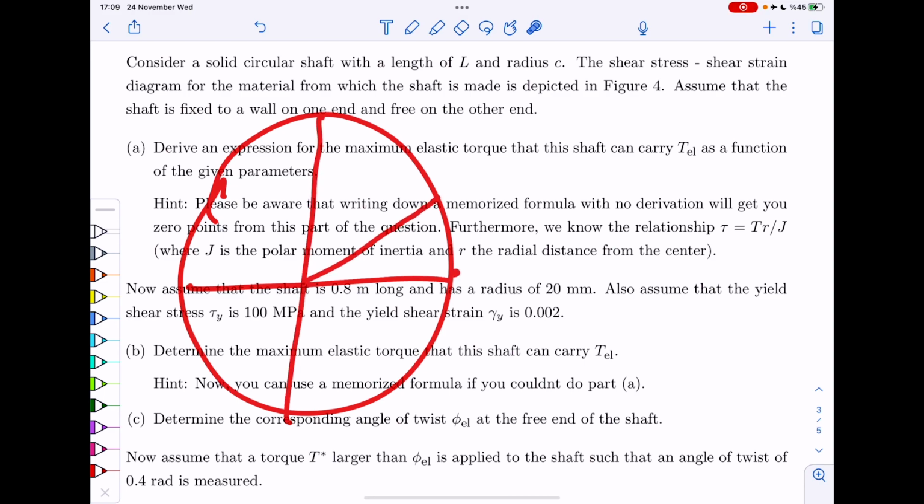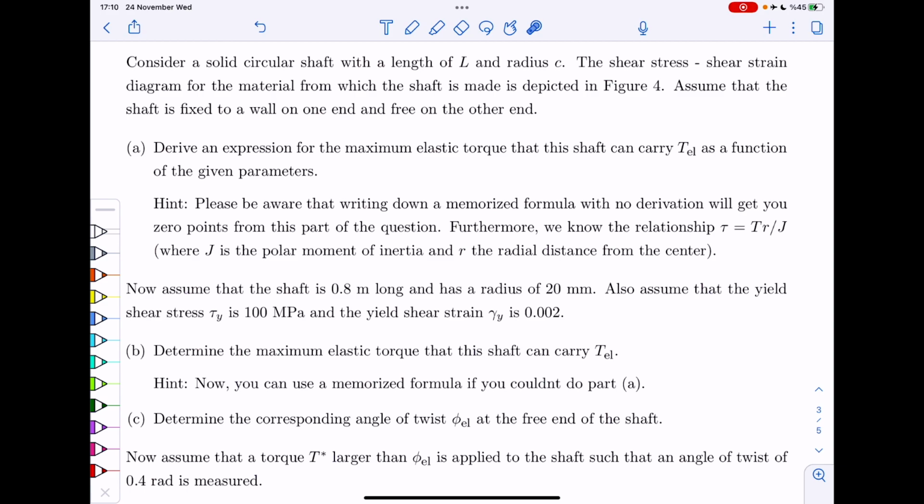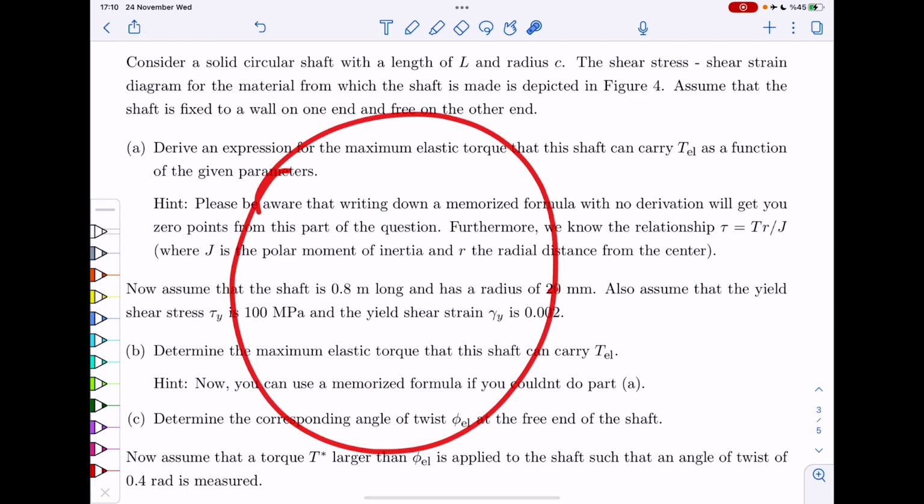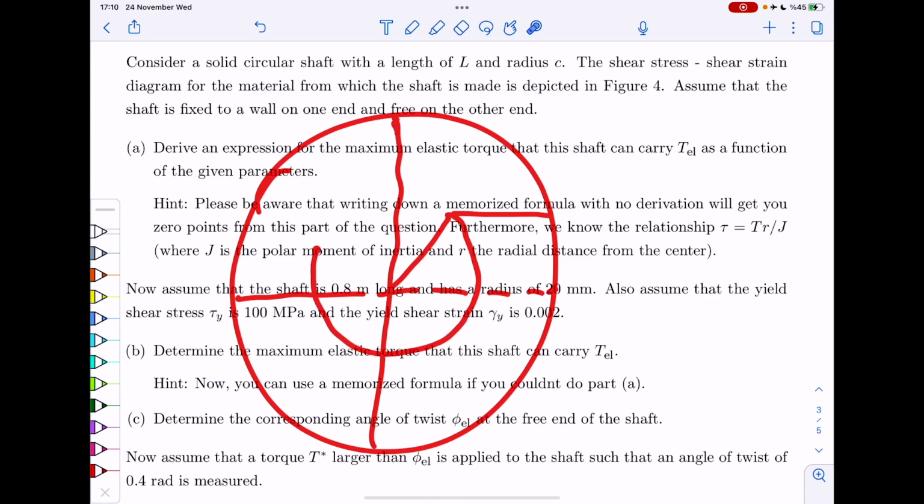If the shear stress could have been maximum 500, you obviously cannot exceed that, because that's your yield stress, but you lose the linear distribution. What happens to your shear stress distribution is this: inside your elastic core, you get the linear distribution, and outside that, you get a constant shear stress equal to the yield stress.